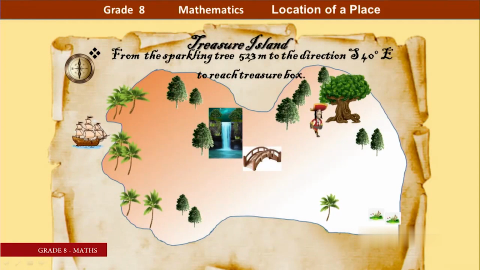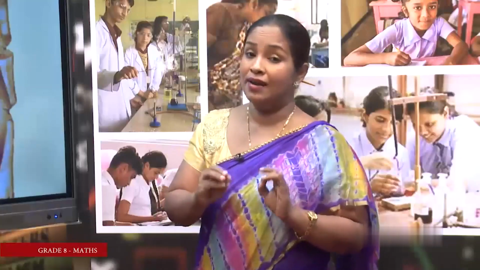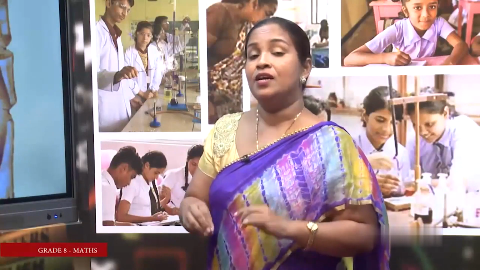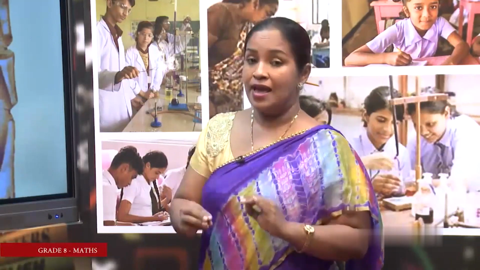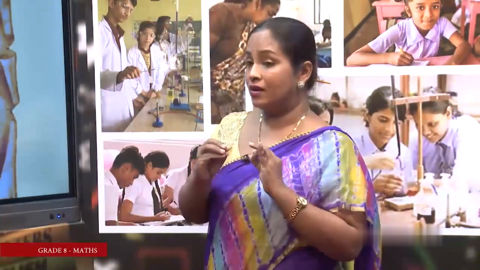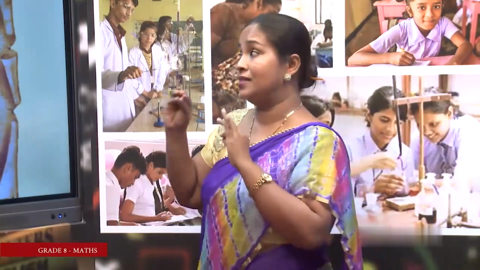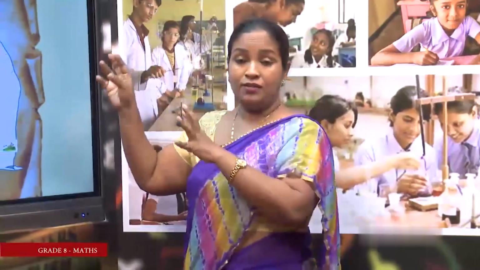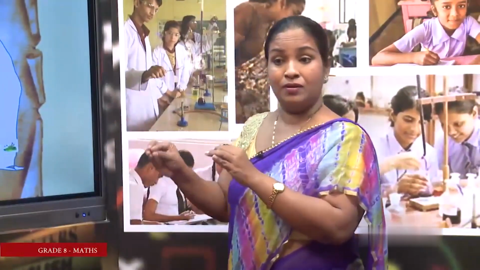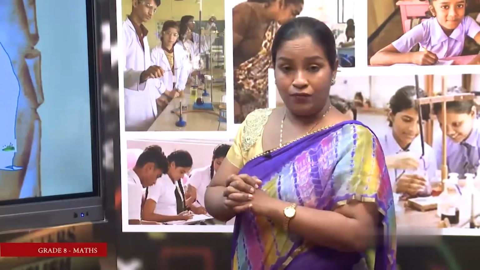So, could he find the treasure? Of course he could, because previous steps were okay with him. He had done it correctly. He followed the steps. He followed the distance and the angles or the directions very accurately. Now he is at the final stage. This is the final step he should follow. So, whether he could find it?